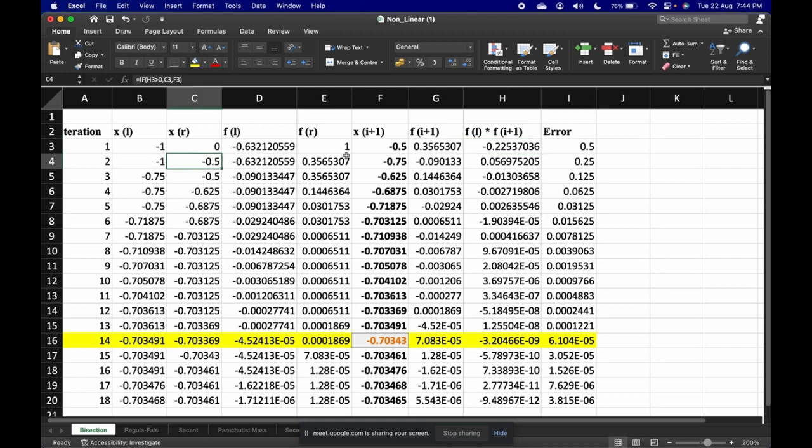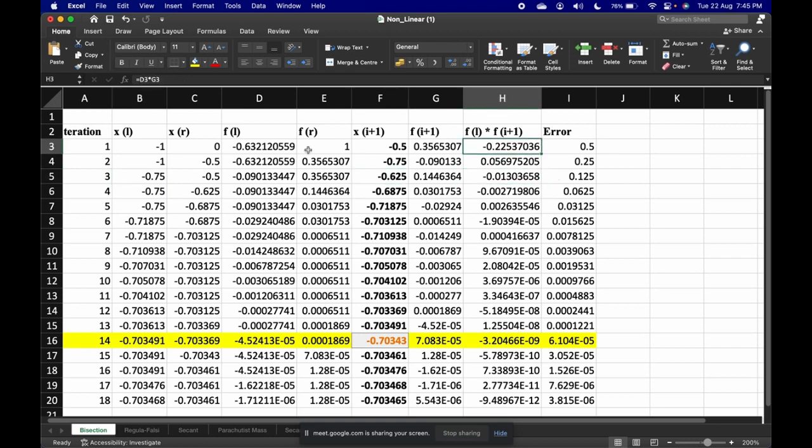Similarly, with this XR value and XL value, we calculated xi plus 1, put it into the equation to get the function value, and multiplying with the FL value, you got this positive. Since this is positive, this xi plus 1 would go at XL rather than XR. So this is how we concluded and got till here, right?